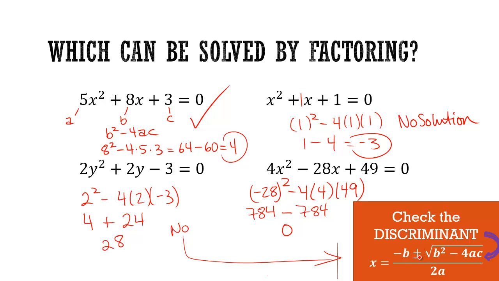Well, if you add plus or minus to 0, that would mean there's only one solution. So yes, you can solve by factoring, and you can actually see that this is a perfect square trinomial. Doesn't it factor to 2x plus 7 squared equals 0? So the answer is actually negative 7/2. So there's some food for thought.